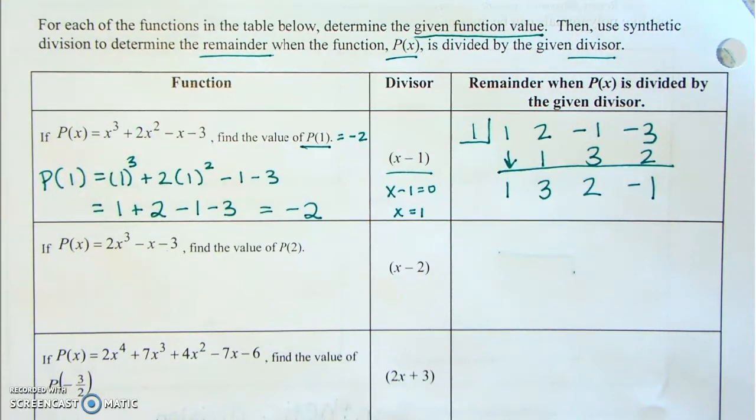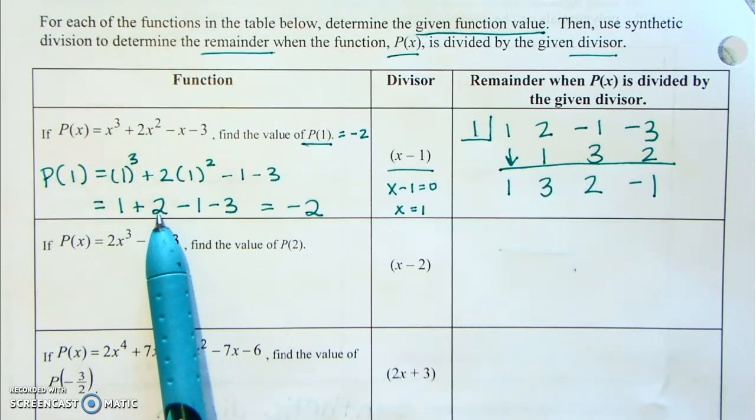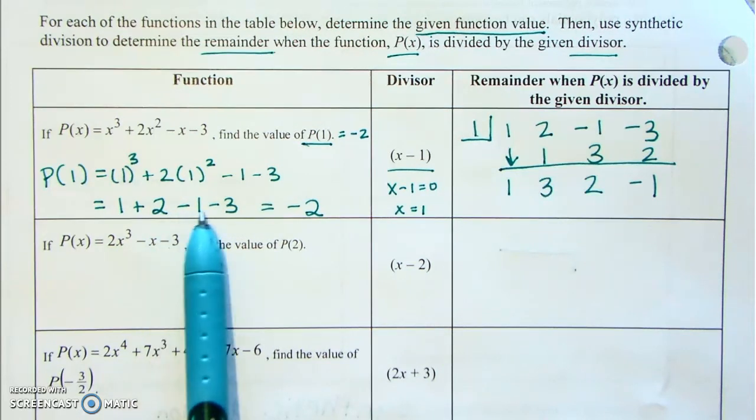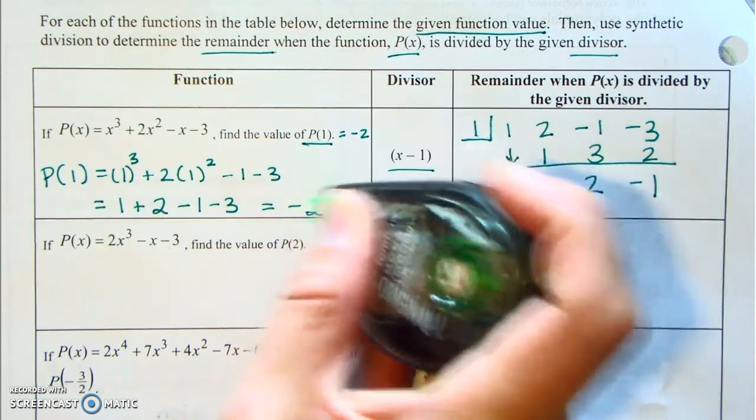Okay, I'm not sure. Do you think I made any mistakes? I think I made a mistake, you guys, because there's supposed to be an enlightening big idea, and I totally made a mistake. Ready? Let's try and find it. 1 plus 2 is 3. 3 minus 1 is 2. 2 minus 3 is not negative 2. 2 minus 3 is negative 1.